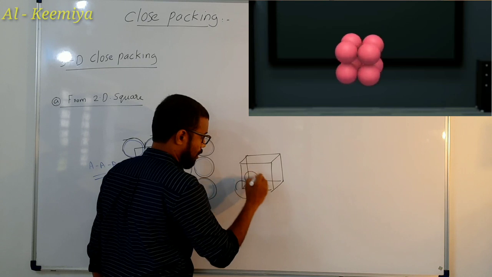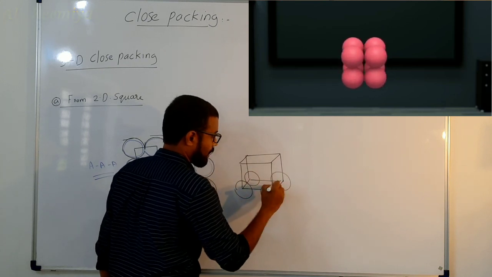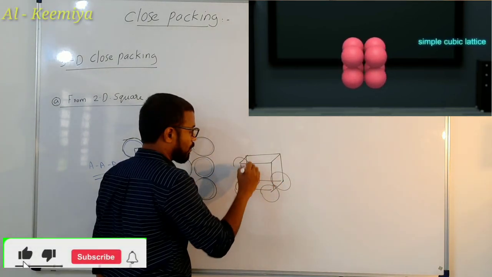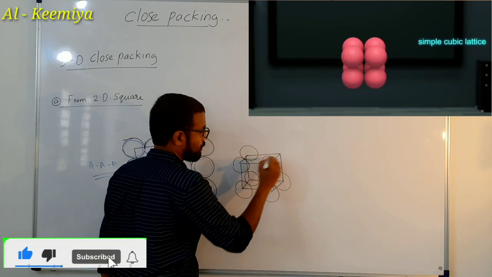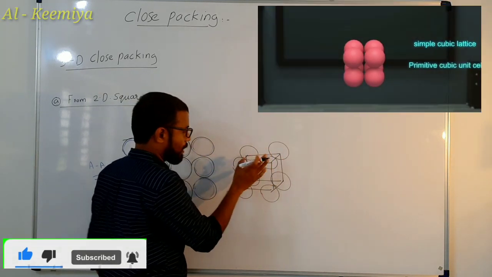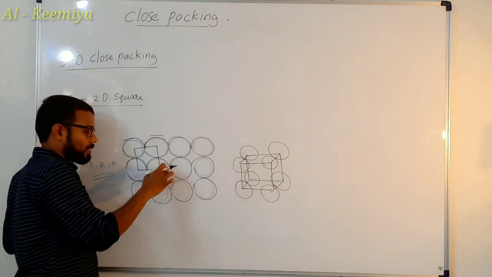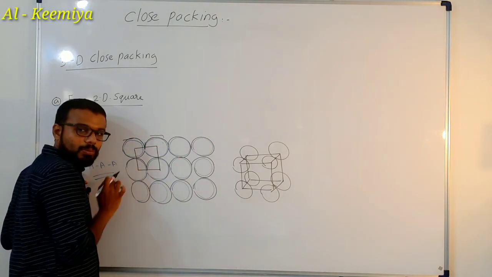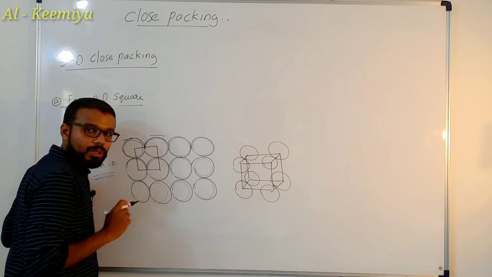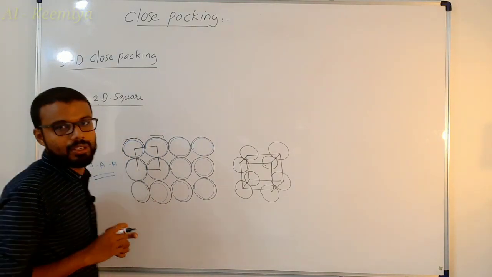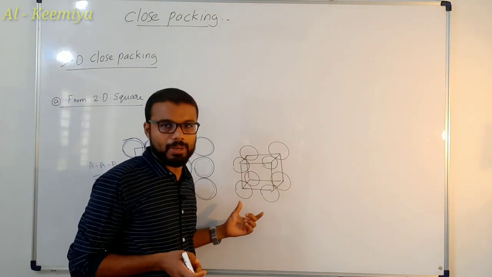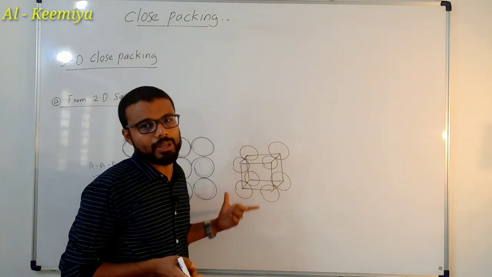Here 4 particles at the bottom, and how many particles at the top? 4 top particles. This is the top of that cube, and this black sphere is the bottom of that cube. It is exactly equal to a simple cubic crystal.